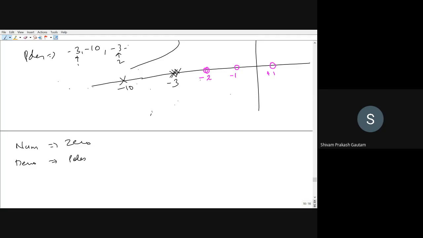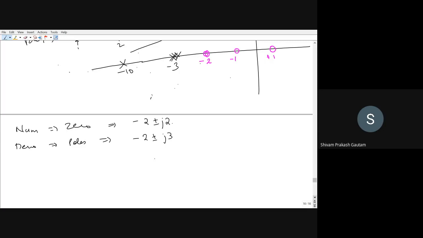If you're finding out roots, there might be some case where the roots are complex. Let us suppose zeros are plus minus j2, and poles are at minus 2 plus minus j3. How to do this? Again, we have to draw the S plane.